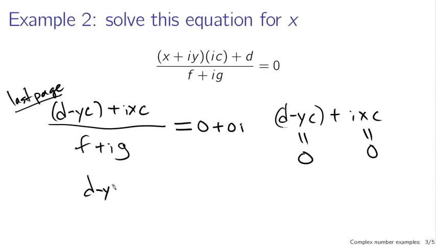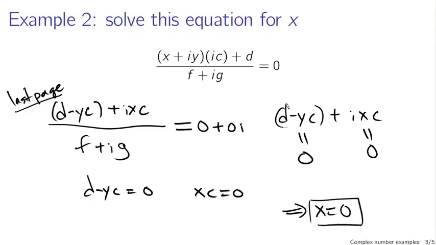We have d minus yc equals 0 and xc equals 0, which, unless c equals 0, just means x equals 0. That's the only way that this equation can hold, is if x equals 0. The key fact here is to keep in mind that in order for two complex numbers to be equal, both the real parts and the imaginary parts have to be equal.